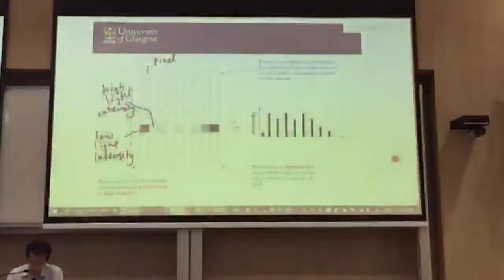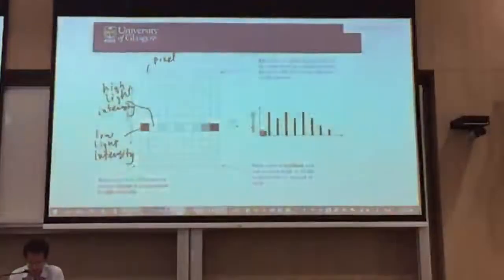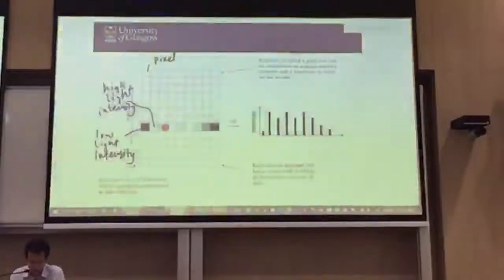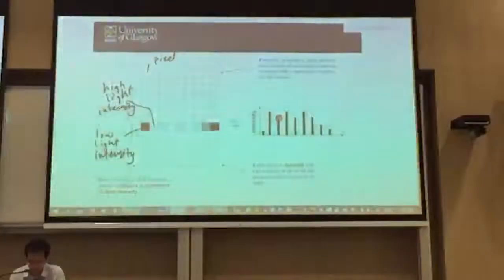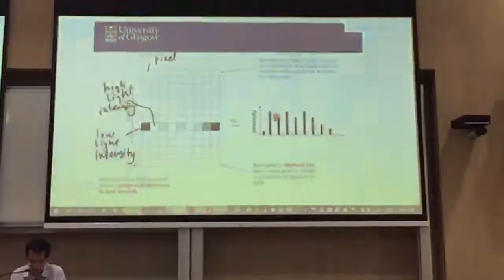So you can arrange all of them in this chart over here, intensity versus number of pixels. You have the low light intensity, high light intensity, and the gray one over there will have a slightly lower intensity than the high light intensity, and so on, all the way to the end.